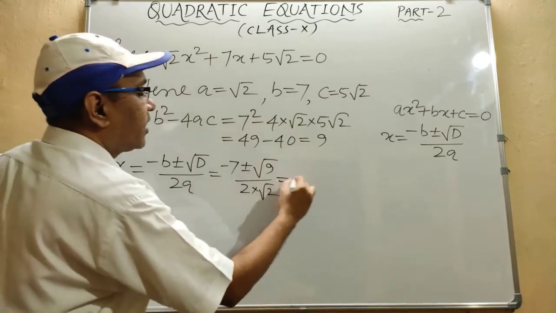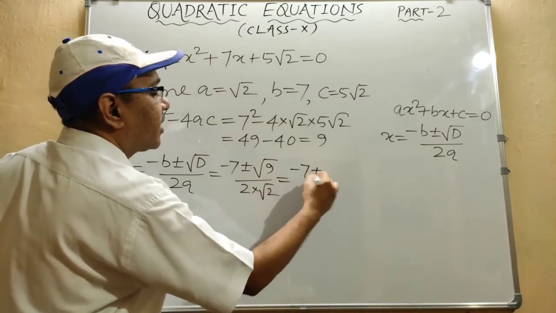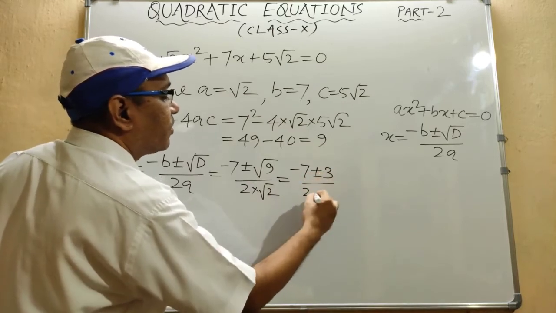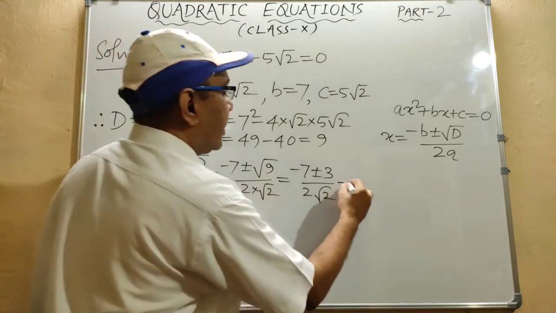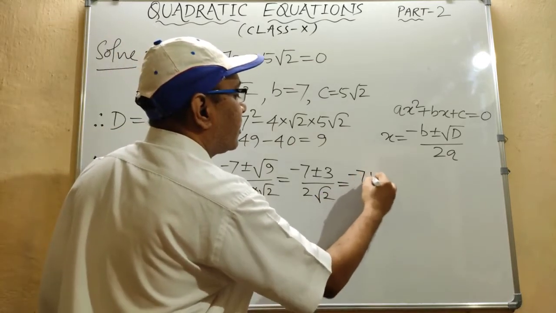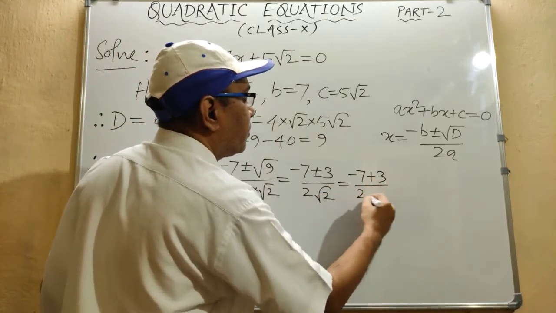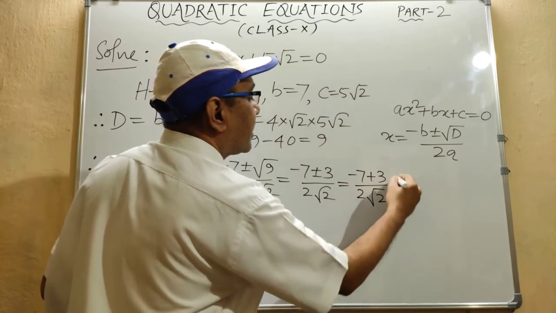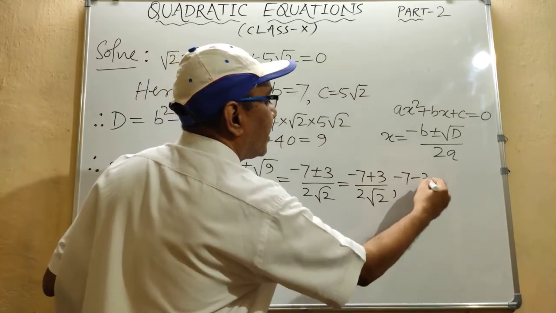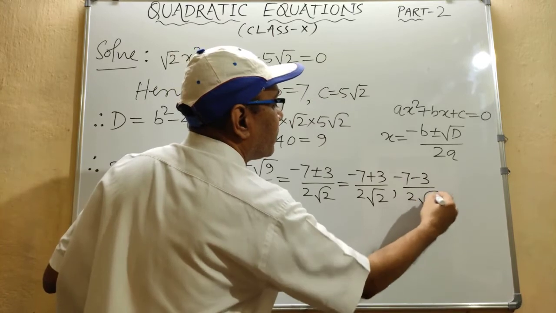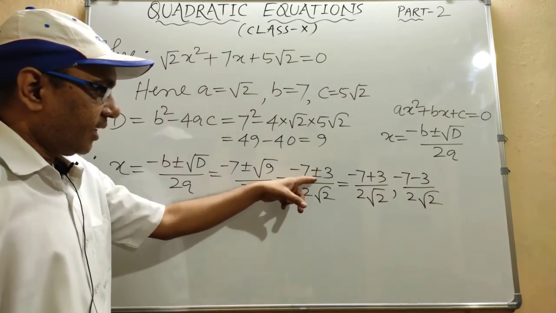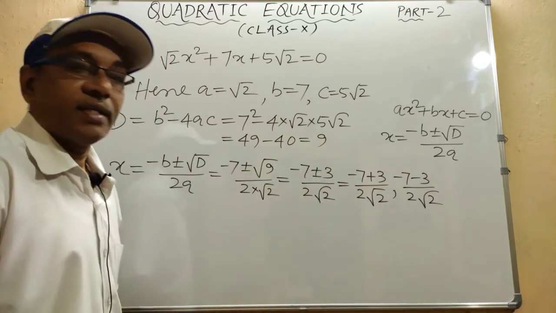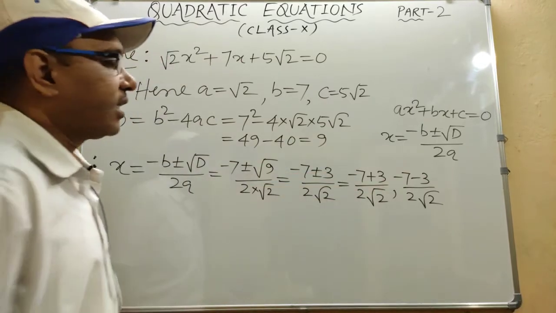So your roots are minus 7 plus minus 3 by 2 root 2. So there are two roots, one is minus 7 plus 3 by 2 root 2 and second is minus 7 minus 3 by 2 root 2. Once we take plus sign and then we take negative sign to get two roots separately.